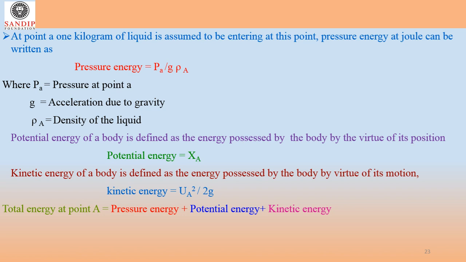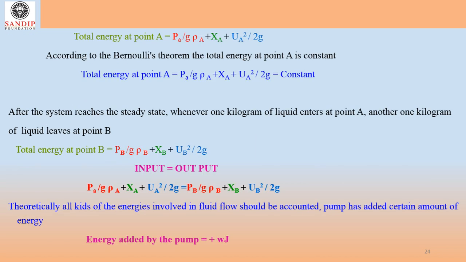Now the total energy at point A is the sum of pressure energy plus potential energy plus kinetic energy. So at point A you get the combination of these three: PA divided by G rho A plus XA plus UA square divided by 2G.